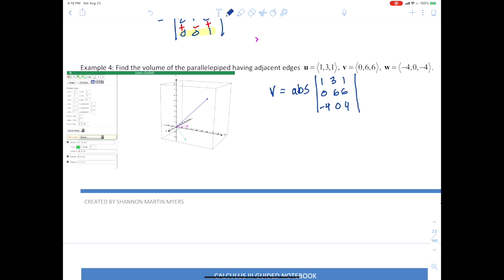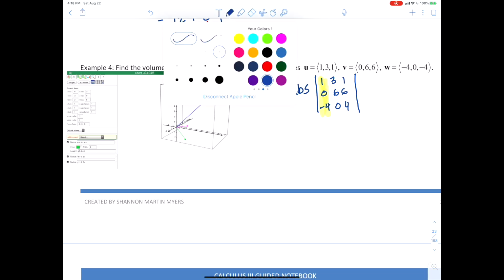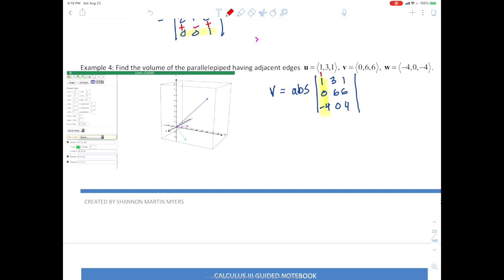And so again, we'll pick something easy to expand about. I'll just do this first row, and then we'll have plus, minus, plus.